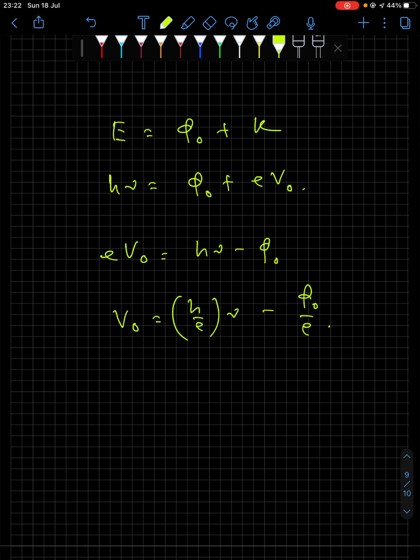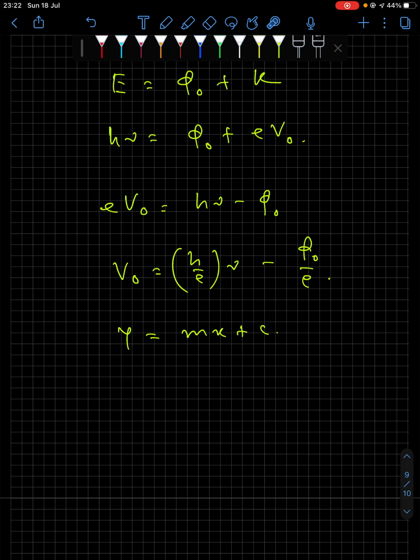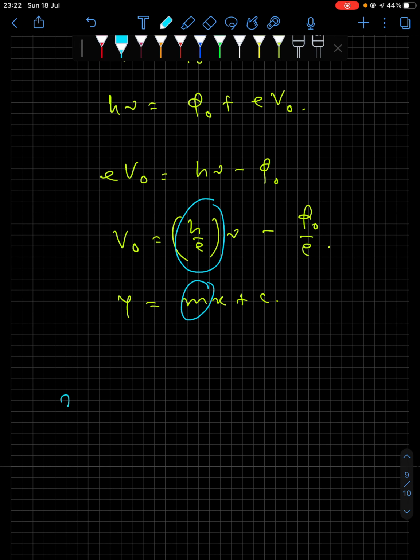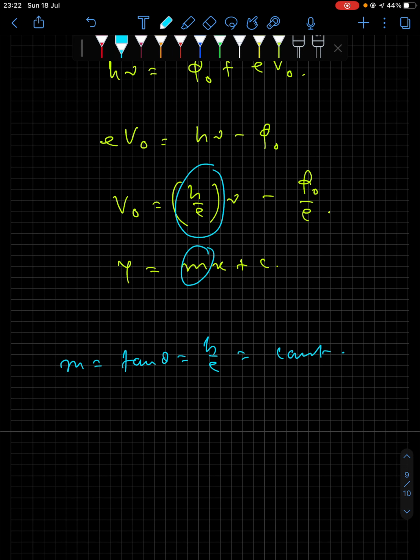Now eV naught equals h nu minus phi naught, and V naught equals h by e nu minus phi naught by e. Those of you who have done coordinate geometry in class 11 know the equation of a straight line. If you compare this with y equals mx plus c, you get slope m equals tan theta equals h by e. h is Planck constant, e is charge of an electron, so both of these are constant, therefore the slope is constant for all metals.